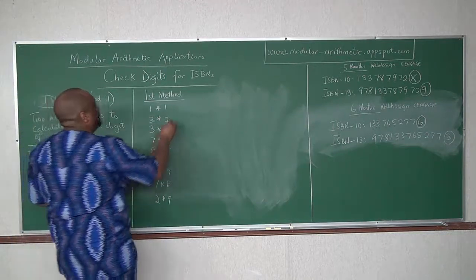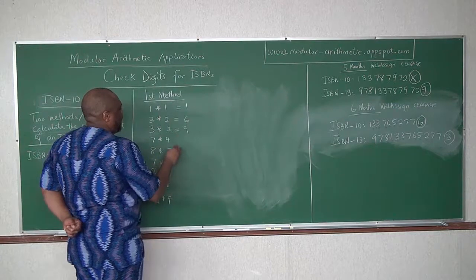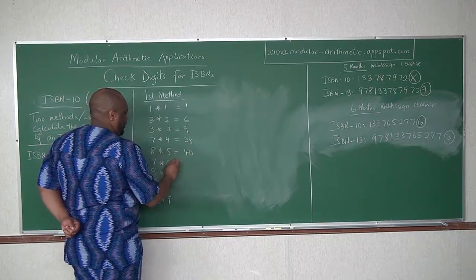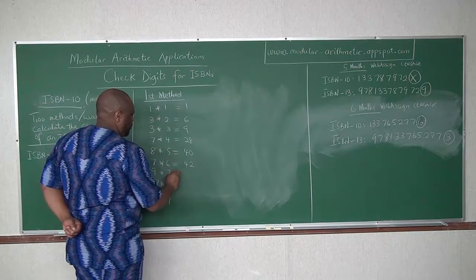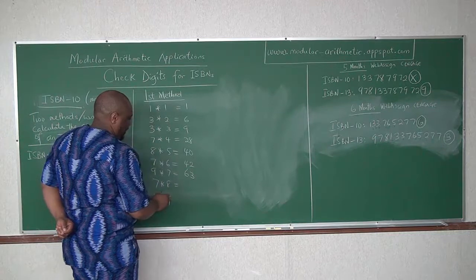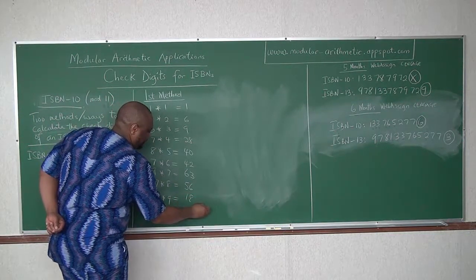So this would be 1. This is 3 times 2, 6. 3 times 3, 9. 7 times 4, 28. 8 times 5 is 40. 7 times 6, 42. 9 times 7, 63. 7 times 8 is 56. 2 times 9 is 18.